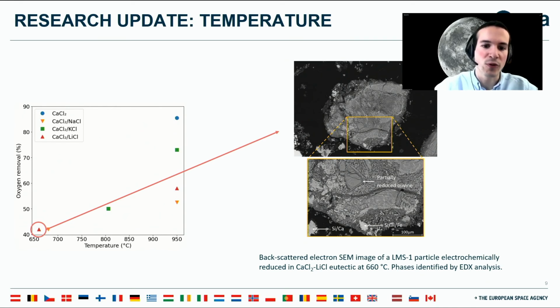We could also identify some very local metal phases, but this is just a spot over the whole sample. So it's really hard to see exactly what happens in the material between the regolith stage and the full metal. So that's also one important point for the future work.